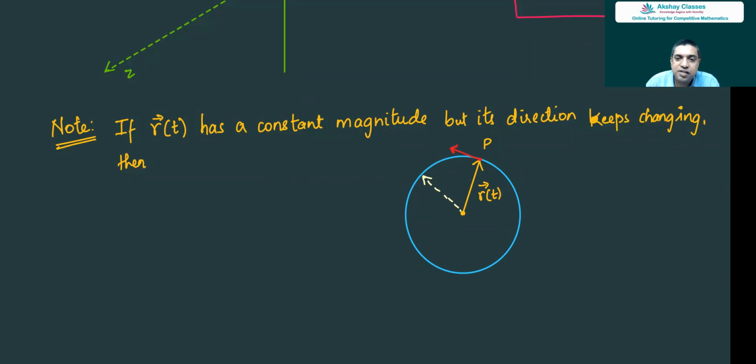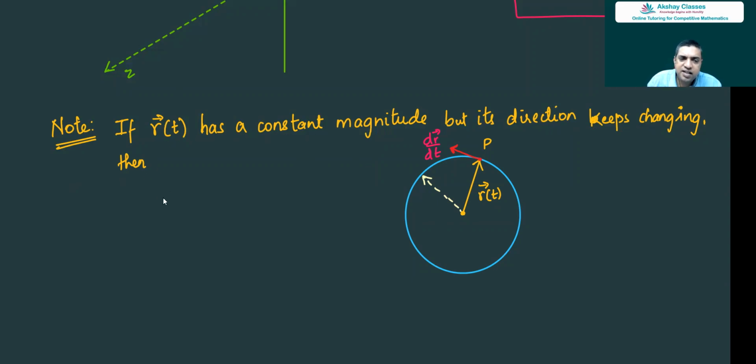So this represents dr by dt, and interestingly, dr by dt is perpendicular to r. So if r has a constant magnitude and its direction keeps changing, this is the radial vector kind of a thing.